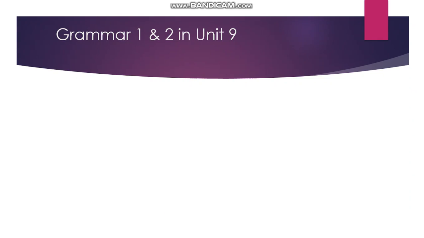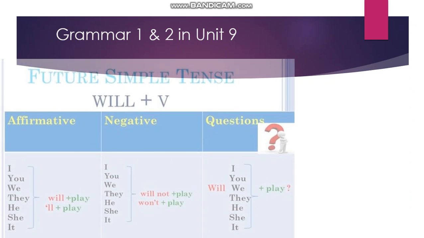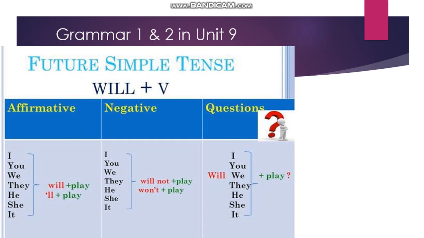Now, we review grammar 1 and 2 in Unit 9. Do you remember what the grammar is in this? Yes, the future simple tense. With affirmative sentences, you will say I will, or we say I'll. With the short form, you will or you'll.